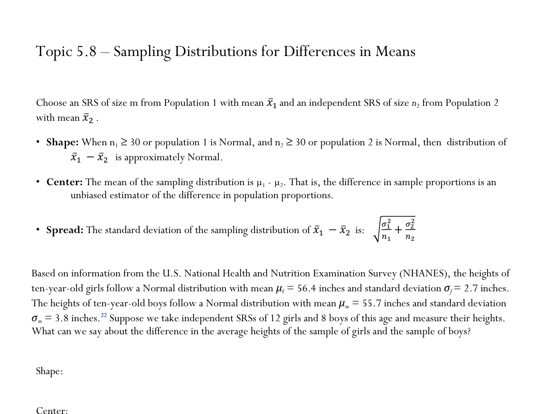So when it was the p hats, essentially we checked np, n(1 minus p) greater than or equal to 10, and when it was a difference of p hats, we had to check for both samples. It's essentially the exact same thing here, other than the rules for x bars to be normal are different.